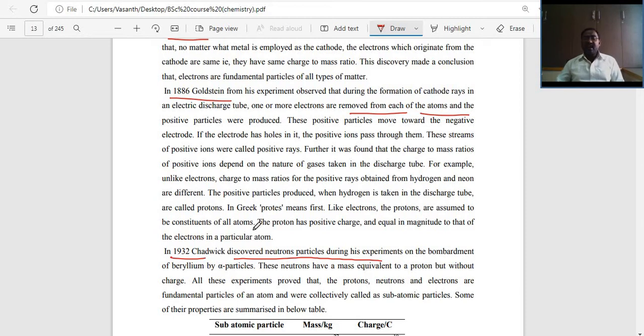These neutrons have a mass equivalent to the proton but without charge. All these experiments showed that protons, neutrons and electrons are fundamental particles of an atom and were collectively called subatomic particles.